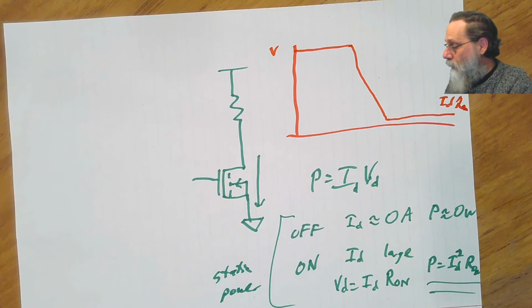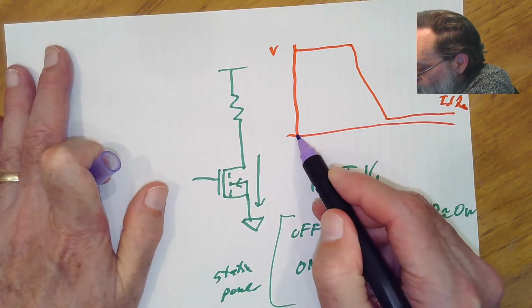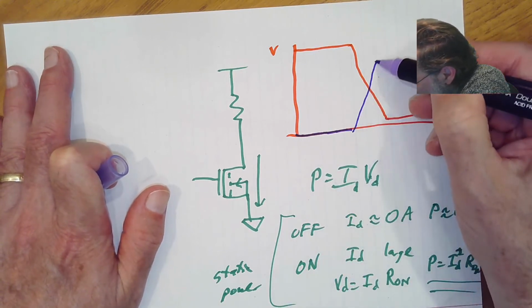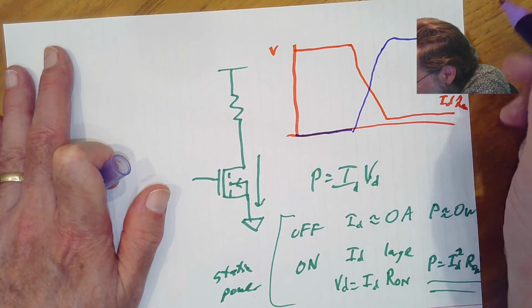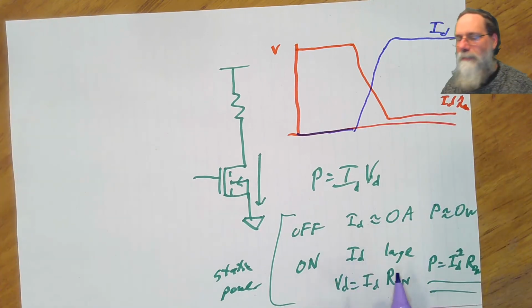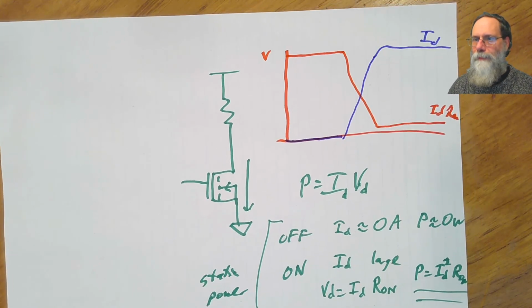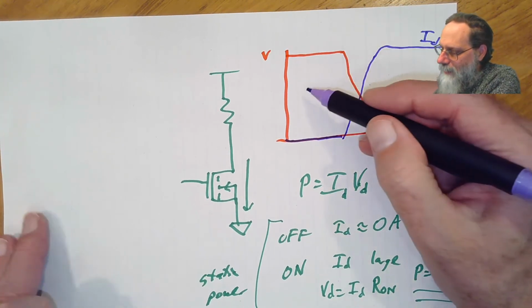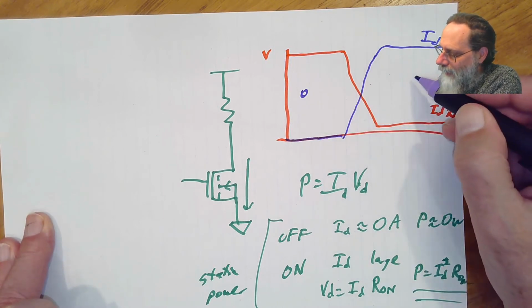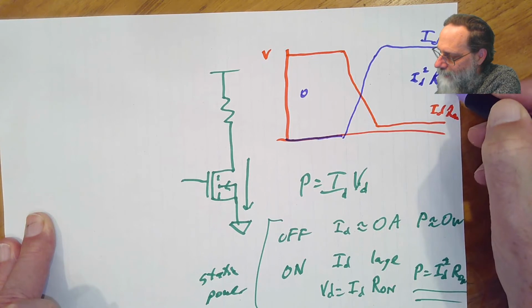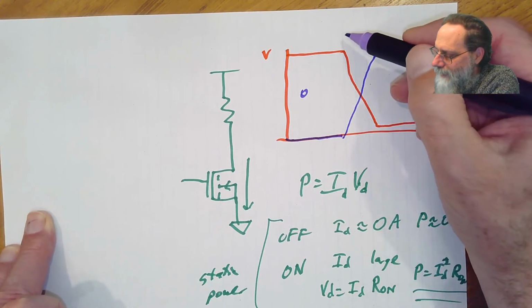Okay, what happens with the current at the same time? Well, when the transistor was off, the current was 0. Then the current ramps up here until we get up to the maximum drain current. We analyzed basically 0 over here and I squared R_on here.